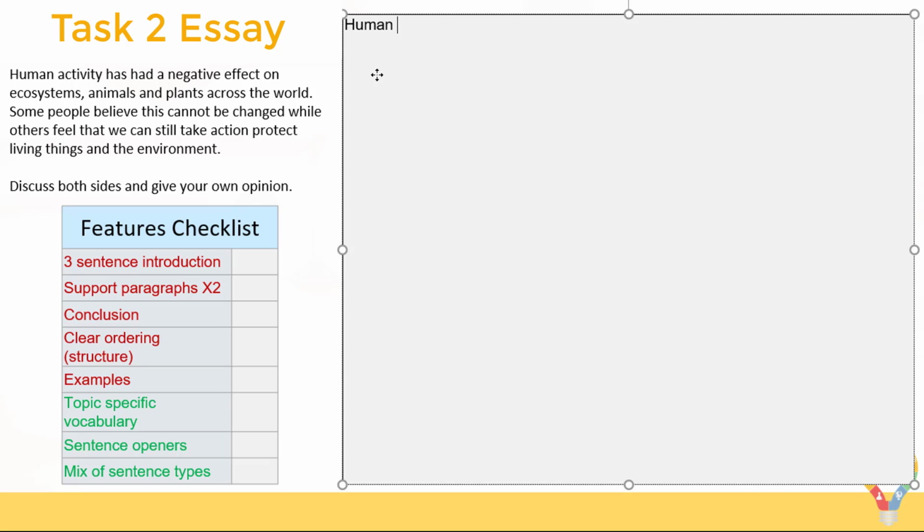Let's say human beings have had a damaging, instead of negative, a damaging impact instead of effect on the environment and all living things on our planet. There you go. So there is our first sentence in the introduction, which simply paraphrases the question.